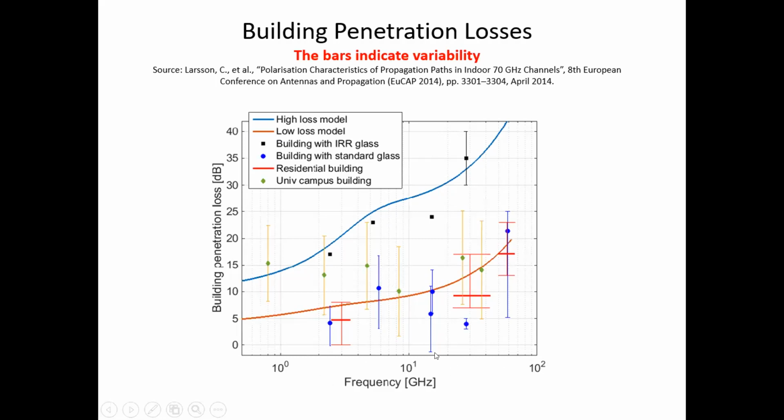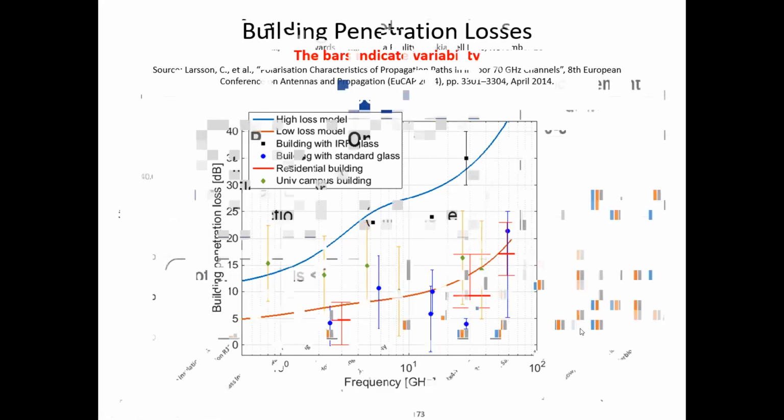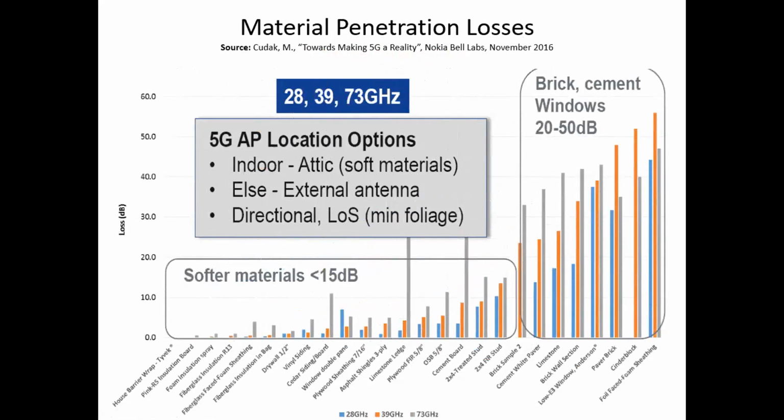So again, there is a variation up to high frequency, up to around 100 gigahertz, and some data for different types of buildings, residential and university campus building. Okay, now this one is a good collection of many different types of building materials. Okay, and the tests were done at very promising 3 frequencies in the high frequency range, 28, 39, 73.